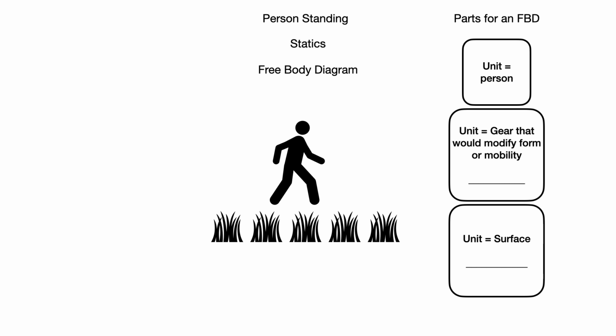And we'll show vectors going in different directions that are considered static forces, frictional forces. However, it will be applied to a dynamic unit. For instance, if a tire is skidding, that would be a dynamic frictional force.